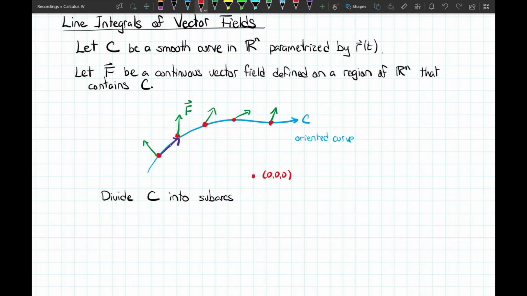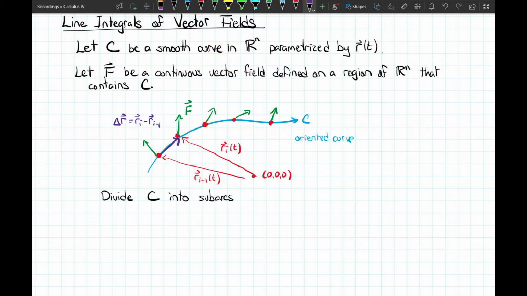If this is arc interval number i, then let's say the endpoint of this subarc is r_i of t, thinking about initial and terminal points. The initial would be r sub i minus 1. Then the purple vector is simply the change in position, which is r_i minus r_{i-1}.